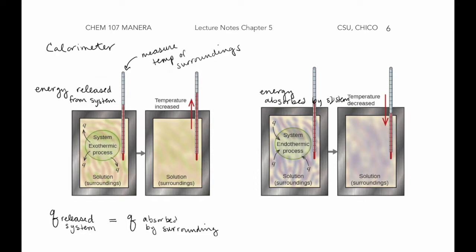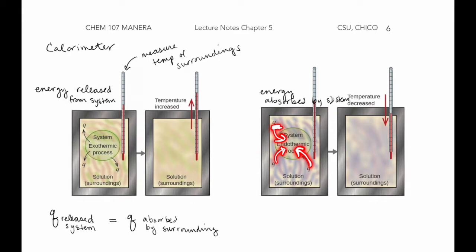We'll see something similar if we have an endothermic reaction. So if we have an endothermic process, what that means is energy is being absorbed into the system. The system is taking energy from its surroundings. Again, labeled Q, that's energy.